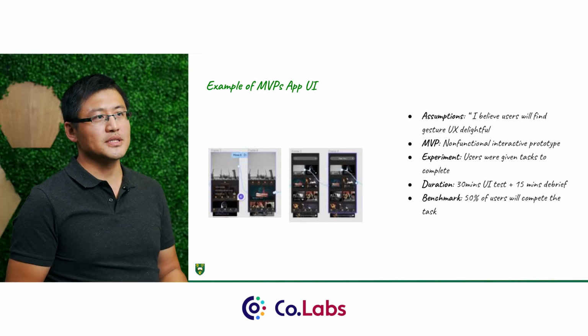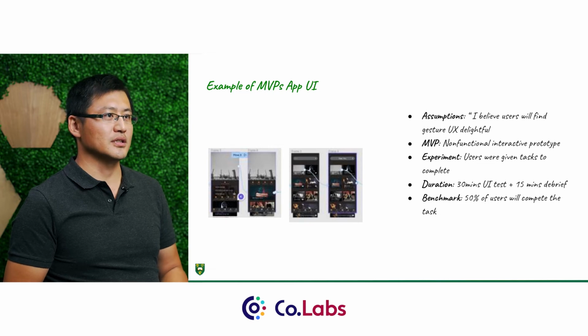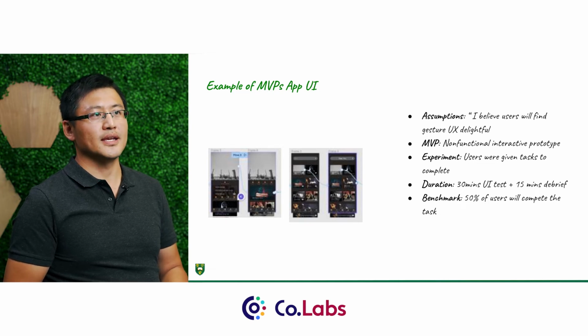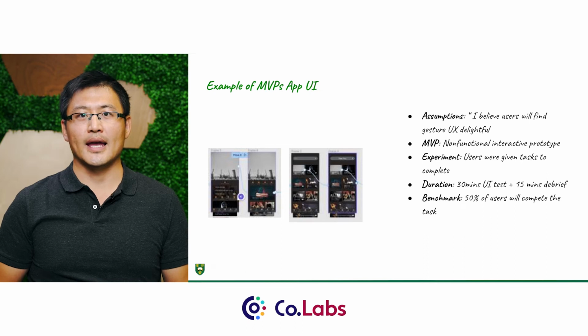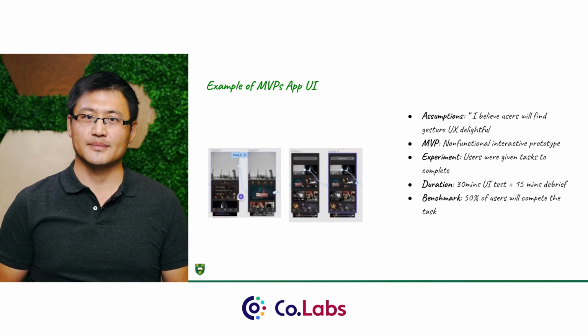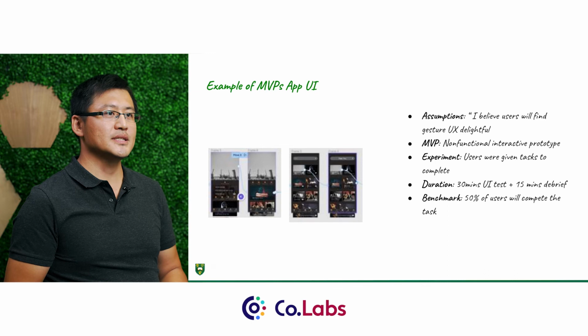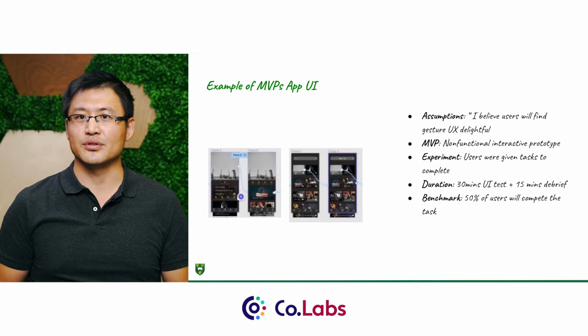The experiment that was conducted was that tasks were given to users so they could follow instructions and try to complete those tasks. Each user was given 30 minutes, and then 15 minutes to debrief. The benchmark was that 50% of users would complete the task on their own.